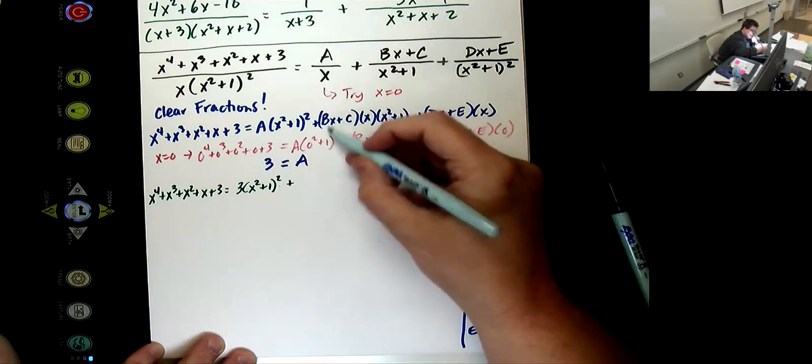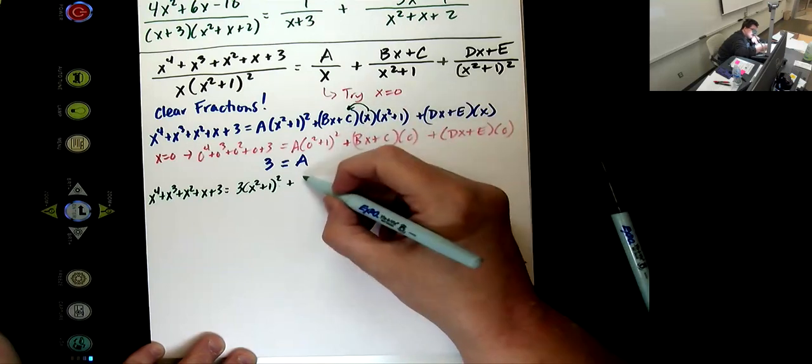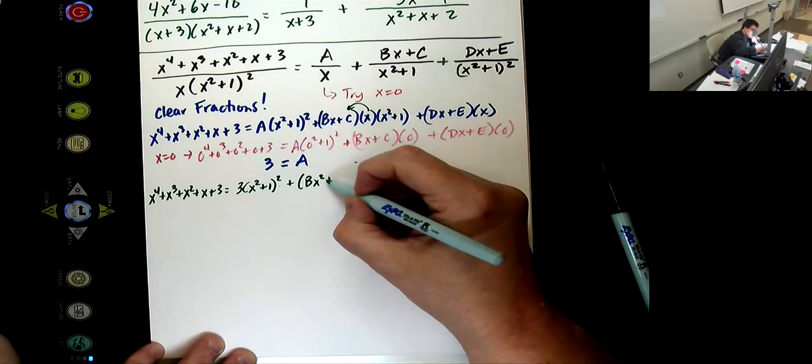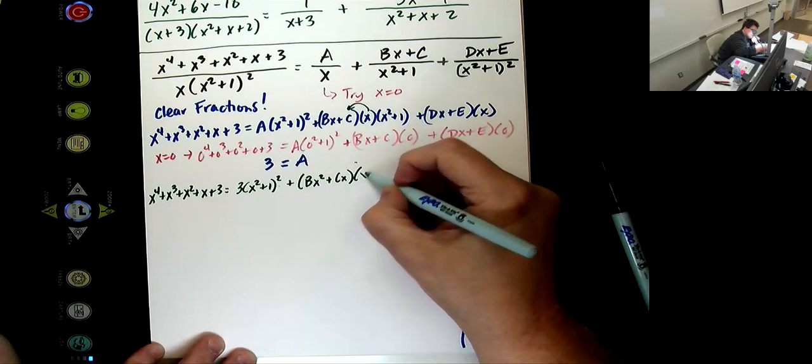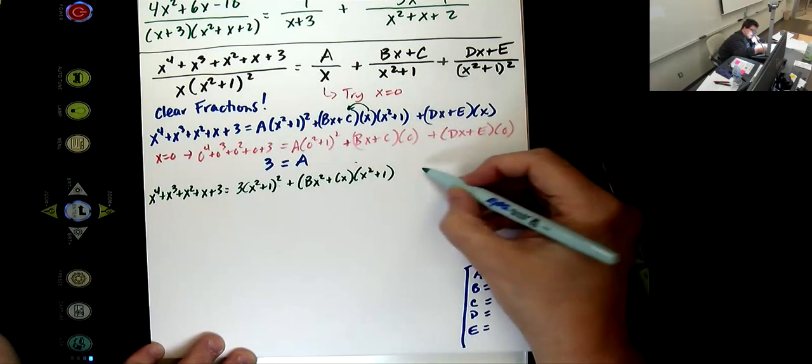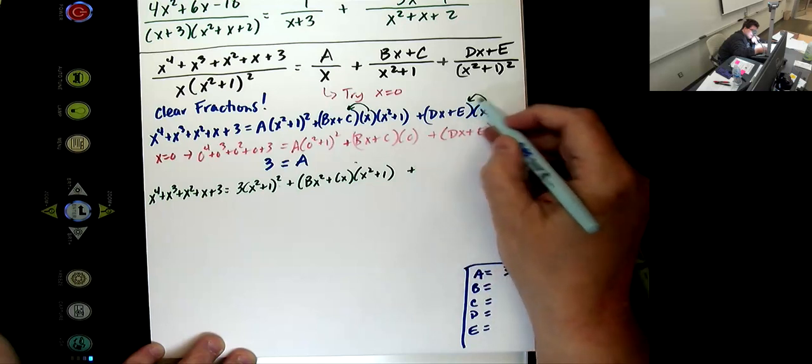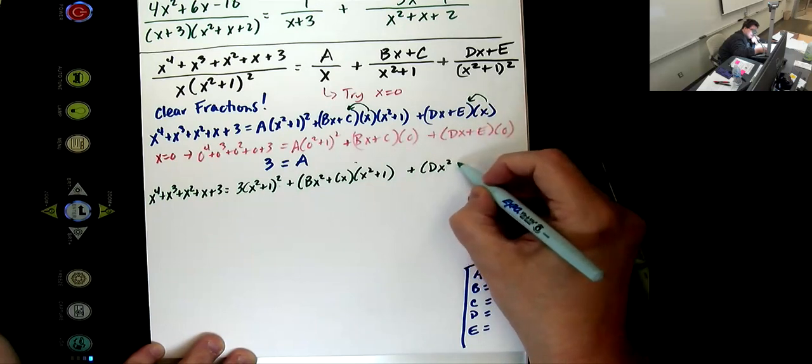And I'll multiply the x in here first. I have bx squared plus cx times x squared plus 1. And when I multiply the x in here, I've got dx squared plus ex.